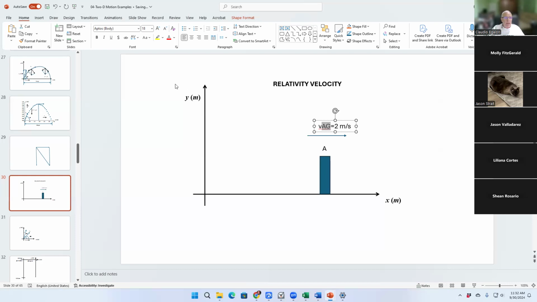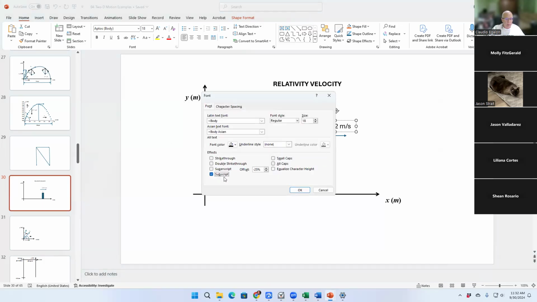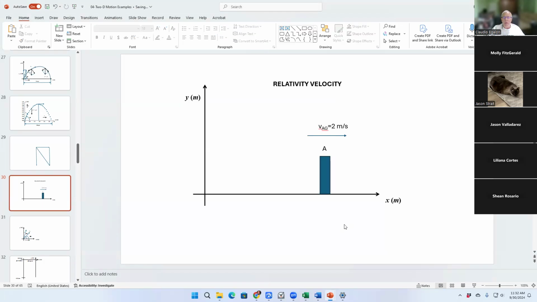The velocity of individual A with respect to the ground, let's say, is 2 meters per second to the right. And I need to do my subscript here. That's how we usually do our notation: velocity of A with respect to G.